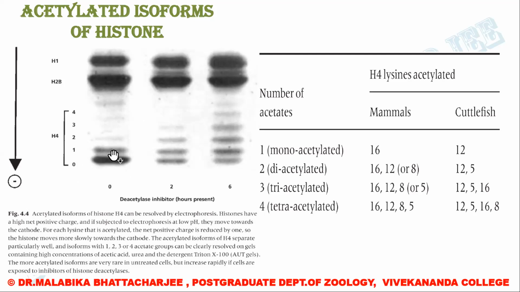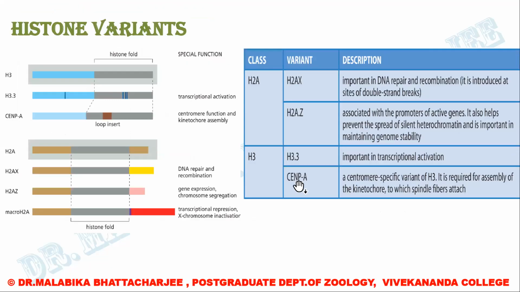Being more positively charged, it tends to be attracted more towards the negative end. So it has been seen that the acetylated forms of histone can be easily resolved in gel because the charges differ on the acetyl molecules.